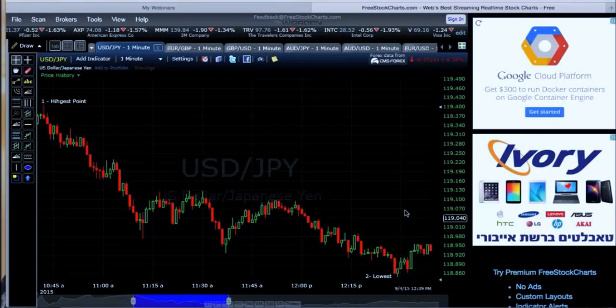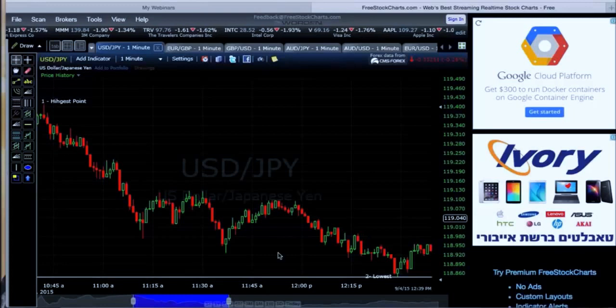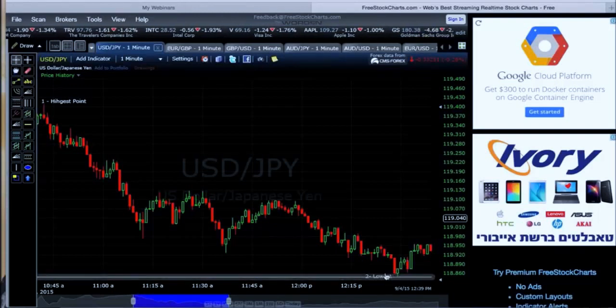The first condition is once we identify the lowest point, we draw a horizontal line from this point. Now, we want to see a 1 minute candle that will cross and close below this point to open a call.